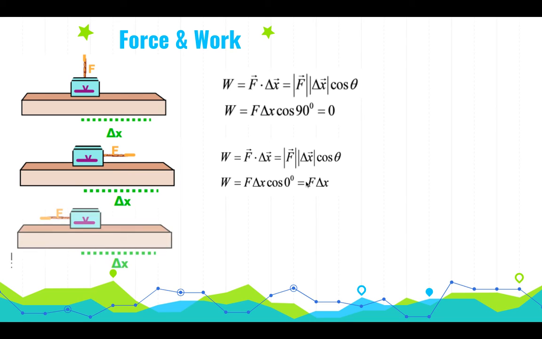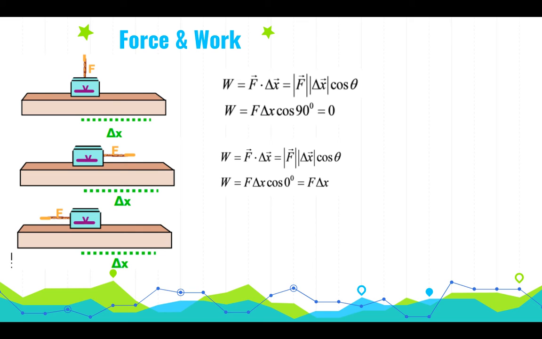If we flip the direction of that force, so let's say that the force is pointing to the left, but the displacement is technically to the right. In this case, it's most likely not a tension or an applied force in which the displacement and the force would be in opposite directions.